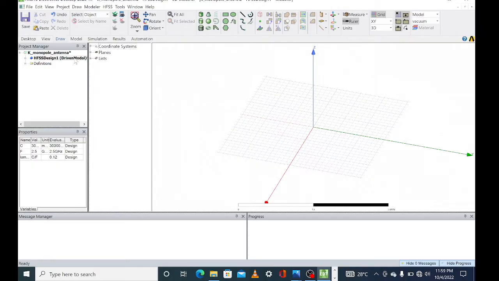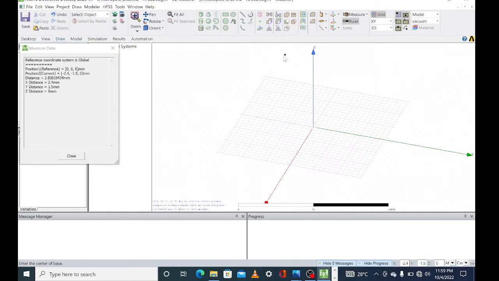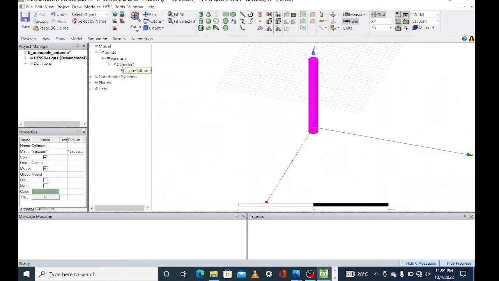So what we'll do is go ahead and draw our cylinder. Name it monopole in the property window, and change the material to PEC.